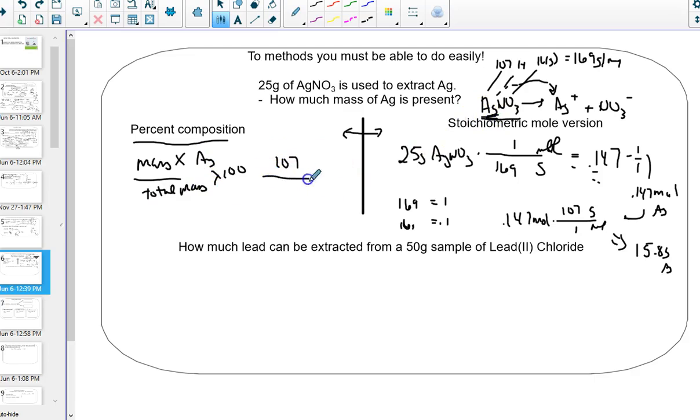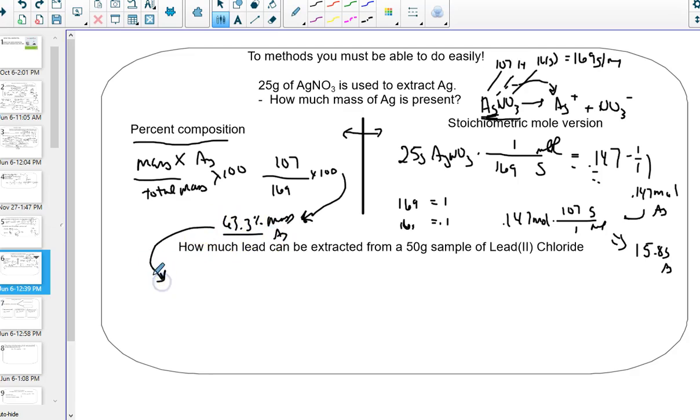And then the total mass is 169, times 100. This formula works regardless of sample size. So 107 divided by 169 times 100 is 63.3%. 63.3% by mass, and that is of silver. So regardless of the sample size, that's how much I got. Whether it's 10 pounds, 10 million pounds, or whatever, 63% of it is due to silver.